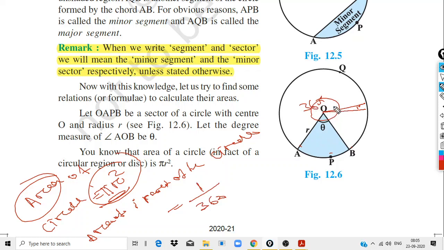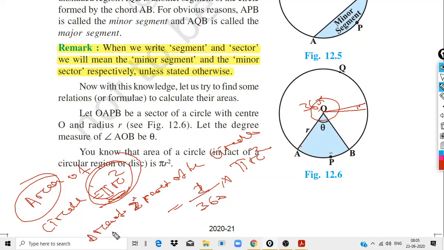1 degree part, 2 degree part, 3 degree part, such that 360 parts must be there of 1 degree each. Now the area of 1 degree part will be 1 by 360 into your whole area, pi r square. Suppose you want to find the 2 degree part, it will be 2 by 360.